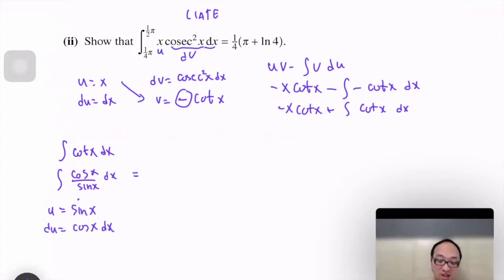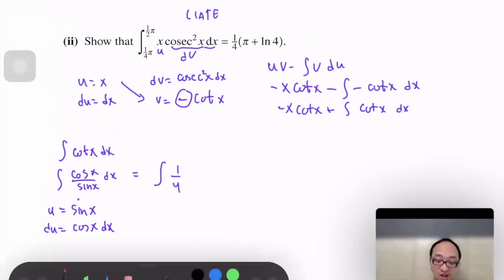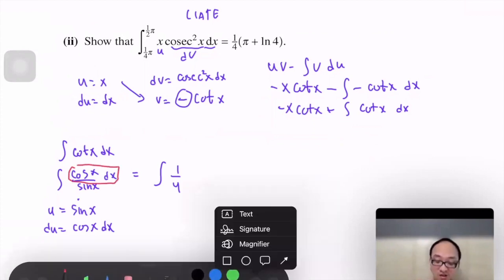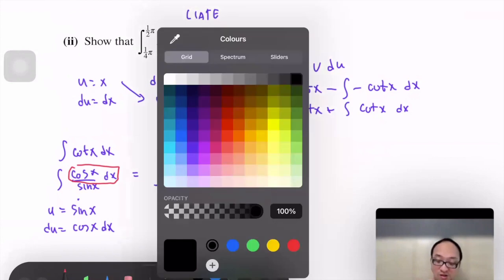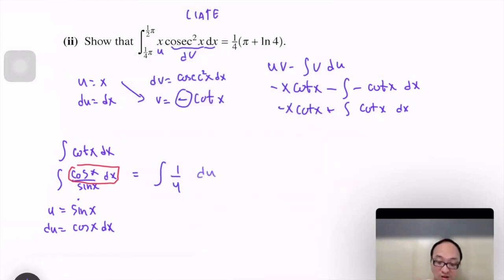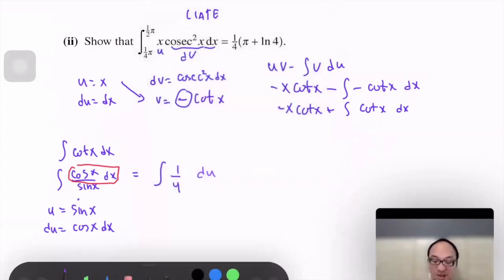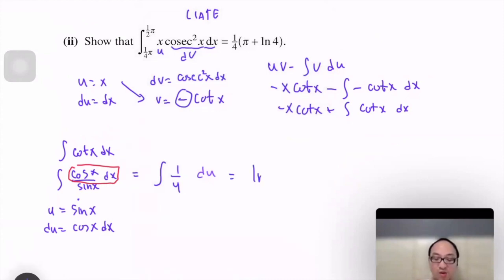So again, I have integral 1 over u, and then cos x dx is equal to du. Just change it into du. So this is equal to ln u. So this is ln sin x, yeah.